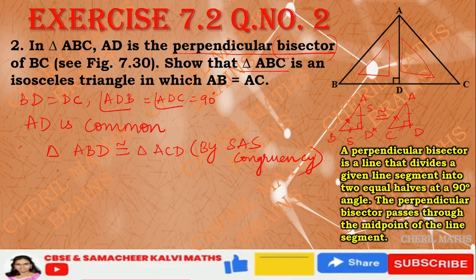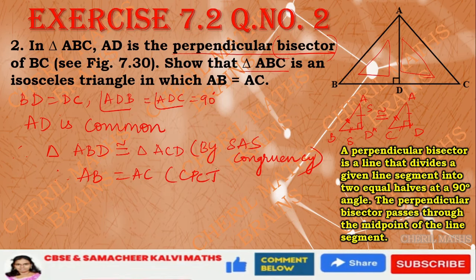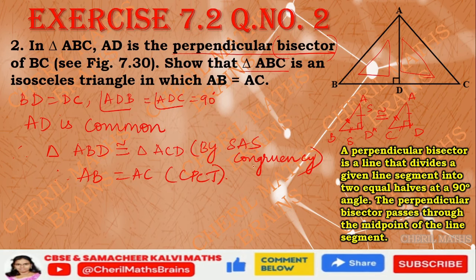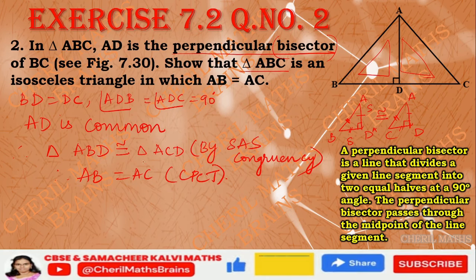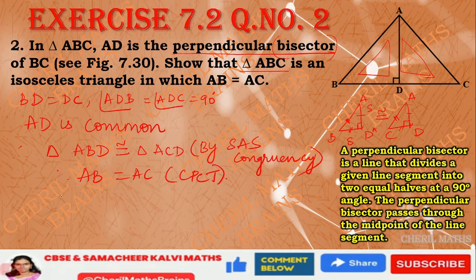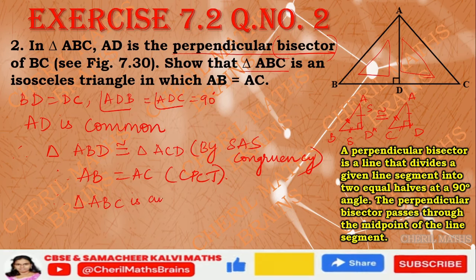Therefore AB is equal to AC. This is by corresponding parts of congruent triangles, and thus we have proved that AB is equal to AC. If AB is equal to AC, we can say therefore triangle ABC is an isosceles triangle.